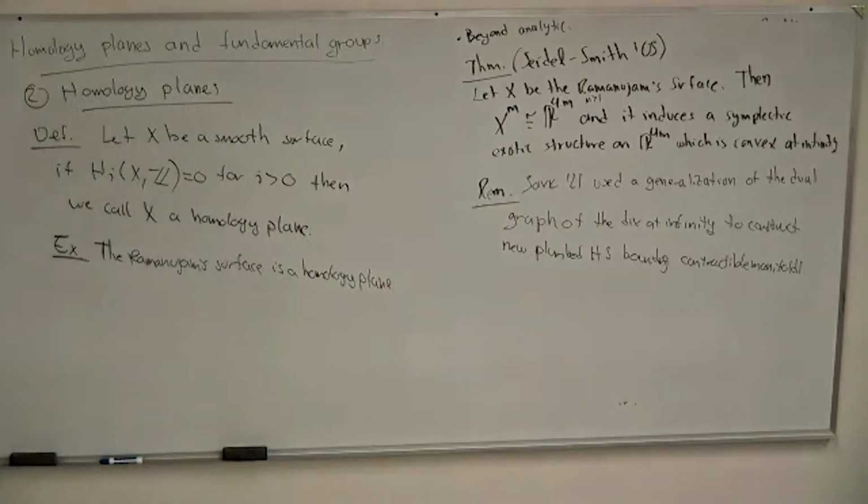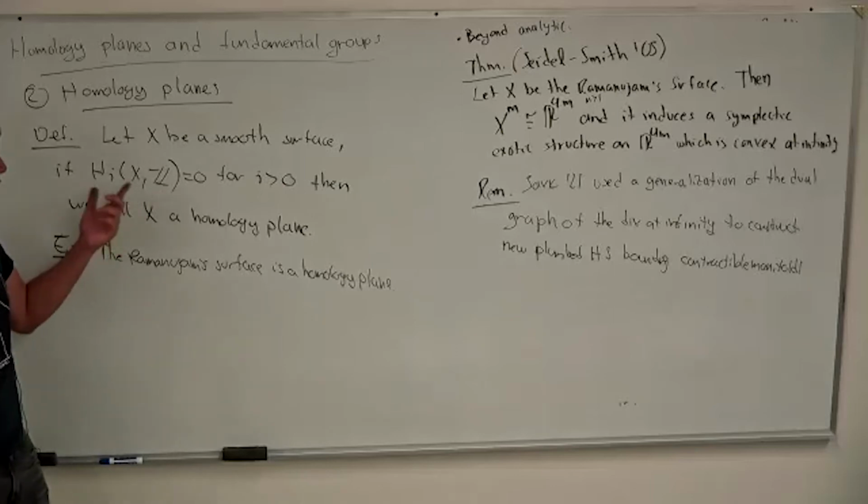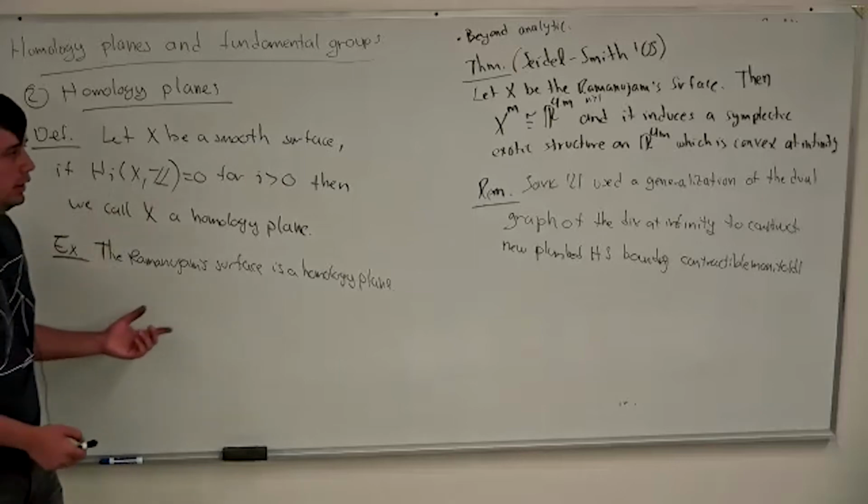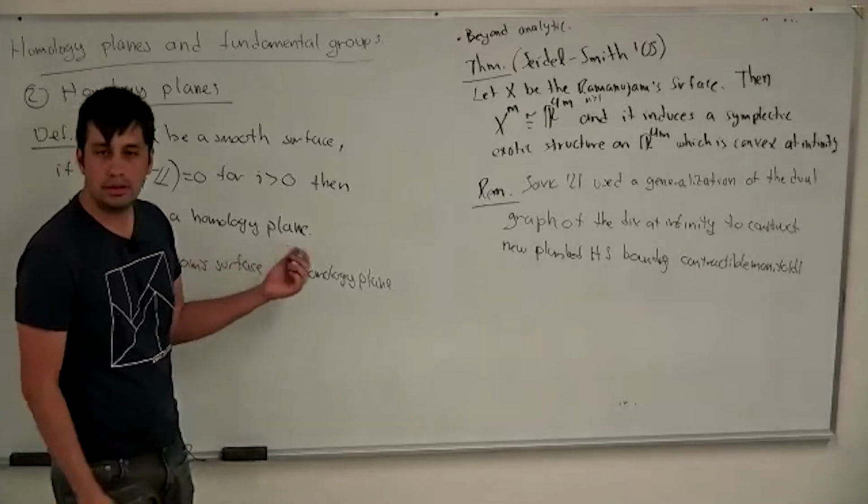So using the construction as a pair, as a projective variety and a divisor, we can get some criteria of when a pair gives you a homology plane, similar to the talk of Andras.